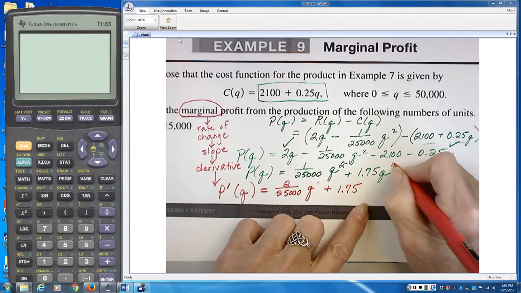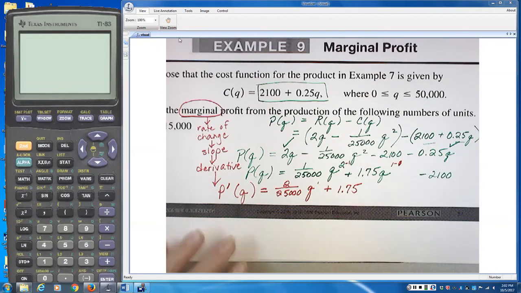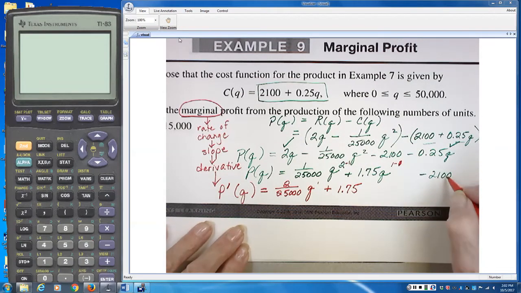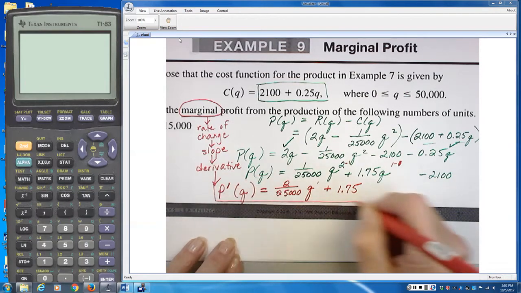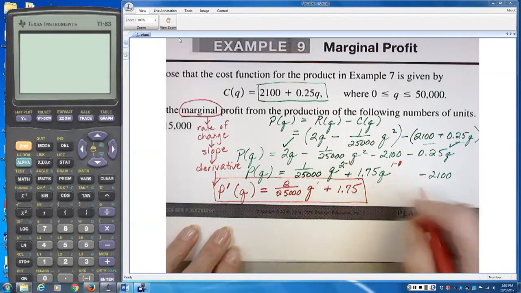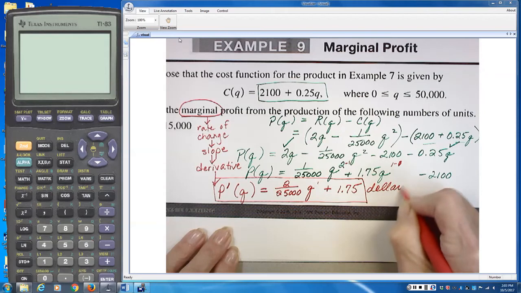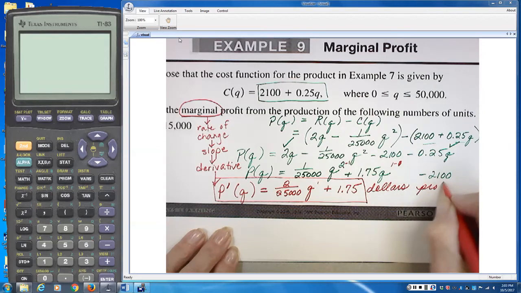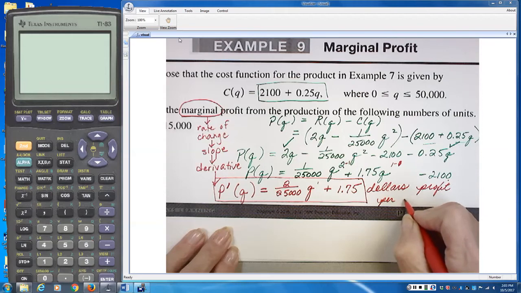And this is going to be Q to the 1 minus 1, which makes it Q to the 0, and it disappears. And the derivative of the 2100 is 0. So here is our derivative for profit, which means this is our marginal profit. And since it's marginal, that's dollars profit per unit made and sold.